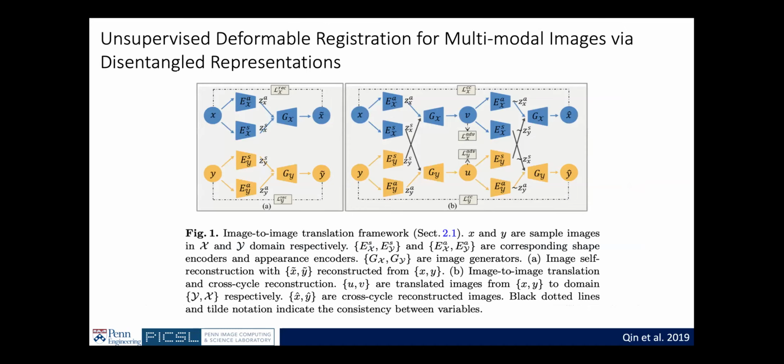Whatever you saw in the registration lectures, take that to deep learning. If you saw VoxelMorph, take that architecture, incorporate disentanglement into that, and you can convert a multimodal image registration problem to a monomodal image registration problem using disentangled representations.